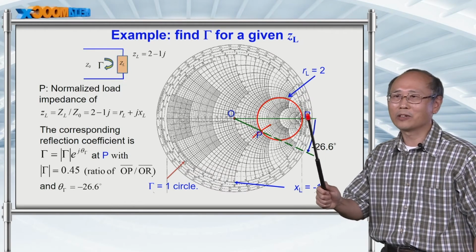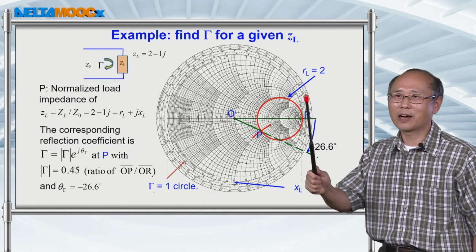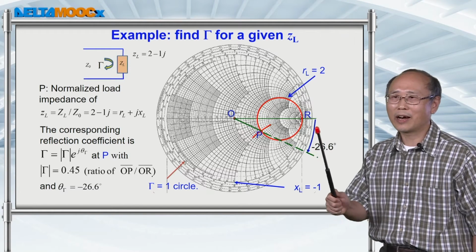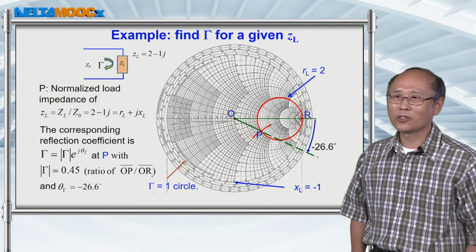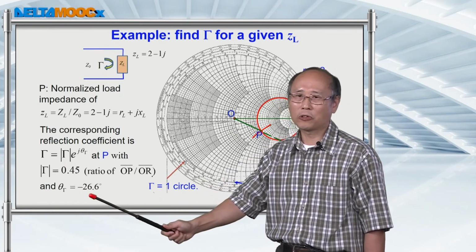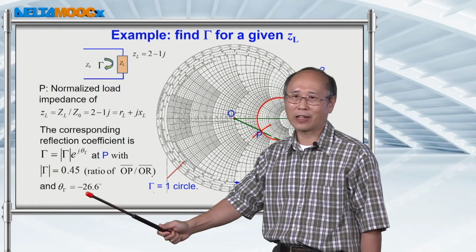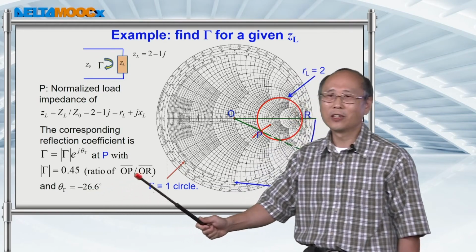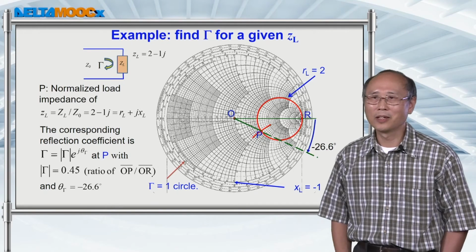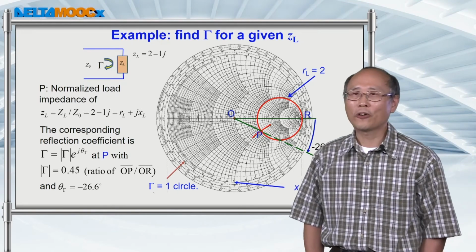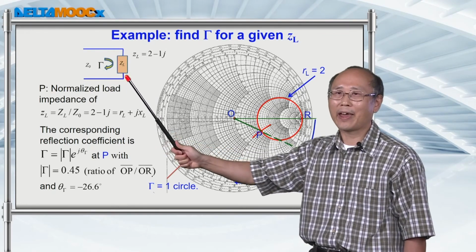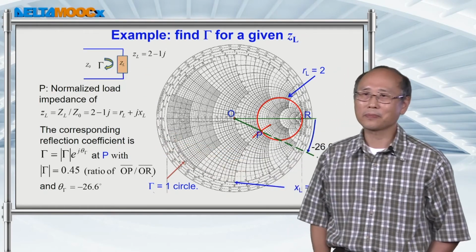The positive angle is above this real line, and the negative angle is under this real line. So now you have determined the magnitude of gamma and also the angle of the reflection coefficient. So you basically complete this solution. So this is one example to find the reflection coefficient of a transmission line at the load impedance.